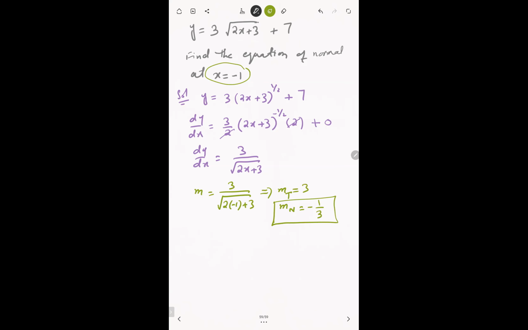Now you need the coordinates through which this normal passes. So you need to put x is equal to minus 1 in the original curve. If you put that in the original curve, you'll get 3 into 2 into minus 1 plus 3, plus 7. So you will get 3 times 1 is 3, plus 7 is 10. So when x is minus 1, y is 10.